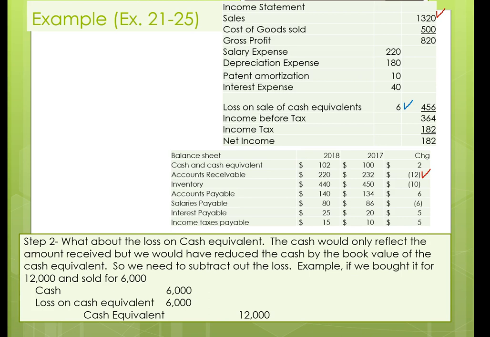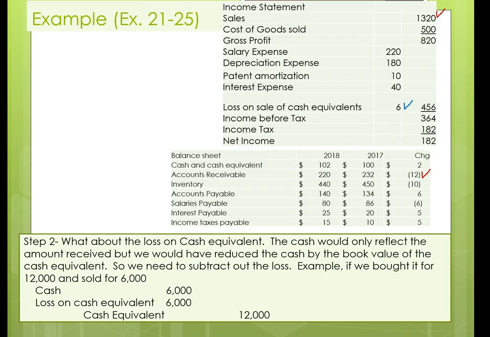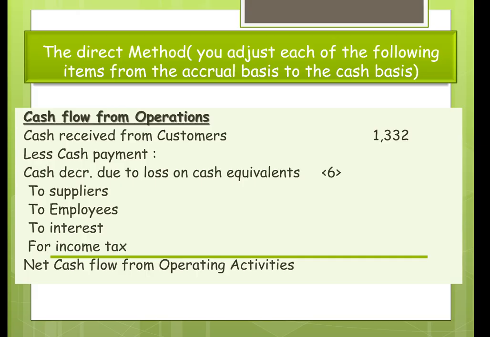So, since it was a loss, what we're going to have to do, in our case, is subtract it out. Because the truth of the matter is, we took out 12, in this example, we would have taken out $12,000 for cash equivalents, but we only received $6,000 in cash, so we have to back out that $6,000.